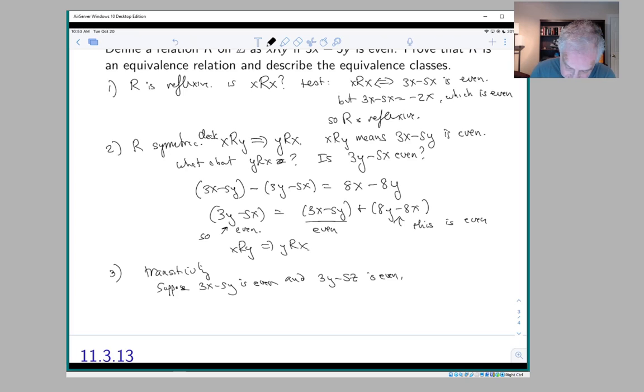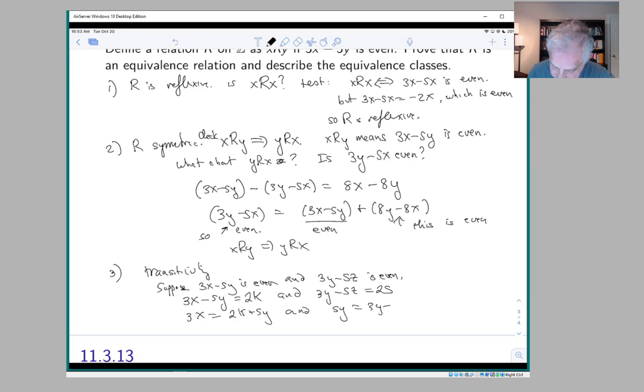And what I suggest we do is we write 3x minus 5y is 2k because it's even for some k, and 3y minus 5z is 2s for some s because it's even. And so 3x equals 2k plus 5y, and 5z equals 3y minus 2s, and therefore 3x, sorry, this should be z.